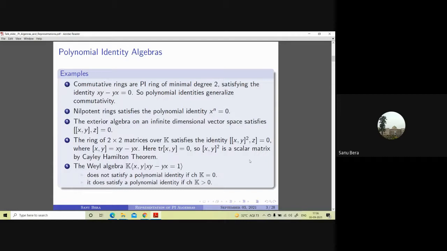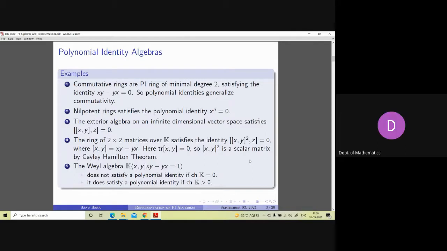The square of that matrix will be a scalar matrix, of course, because it satisfies its characteristic polynomial, so it will commute with any other matrix z. So the commutator of [x,y] squared with z is 0 for the 2 by 2 matrix ring, but of course not all rings are polynomial identity rings.